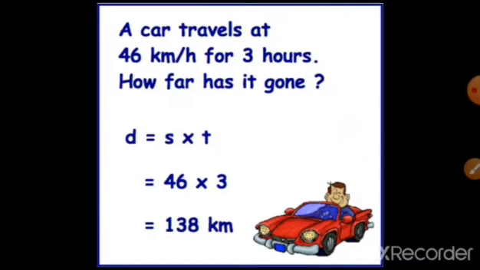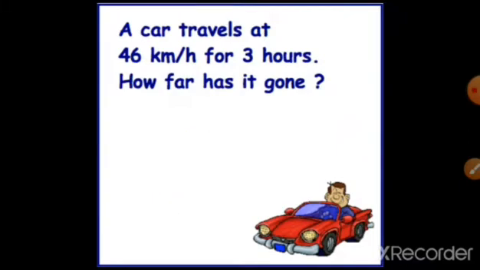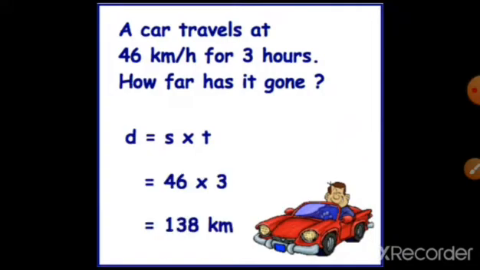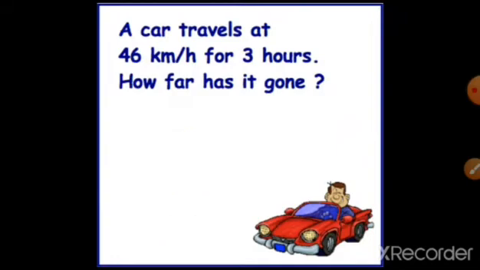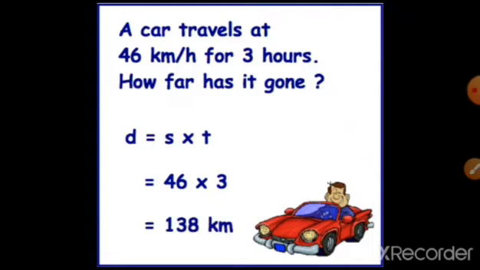So you multiply 46 into 3, you get 138 kilometers. Why kilometers? Because here the speed is given in kilometers per hour and the time is given in hours. So whenever you are finding the distance, that will be speed into time. That is 46 into 3, which is equal to 138 kilometers.